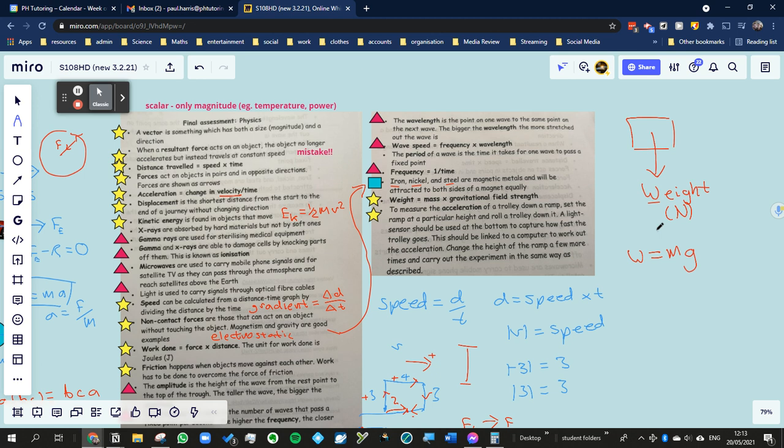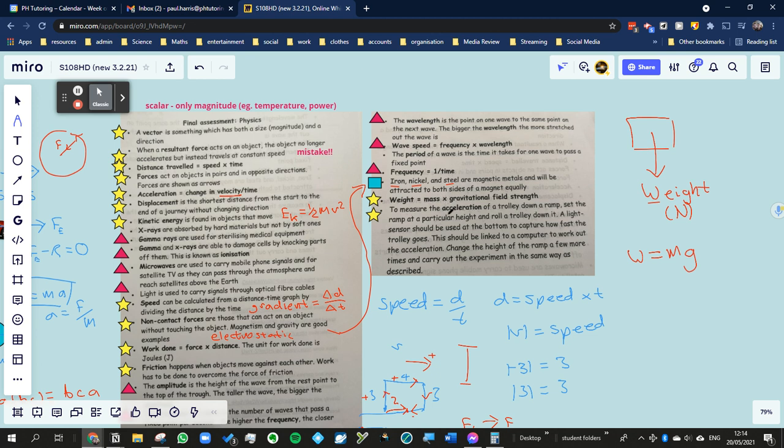But the weight changes because the weight is a force constructed of the mass and the strength of the gravitational field, multiplied by how much stuff there is.